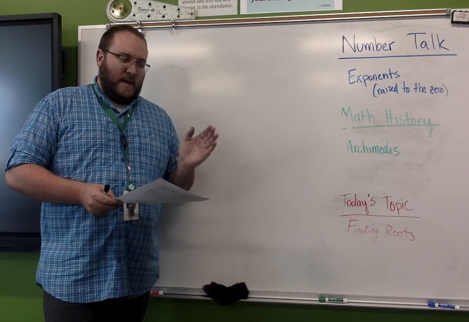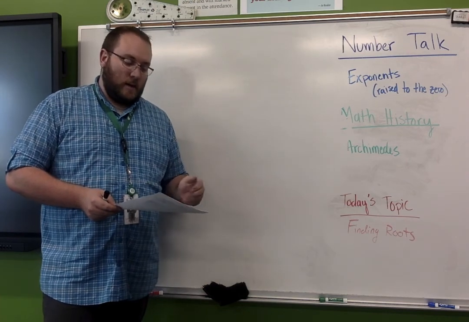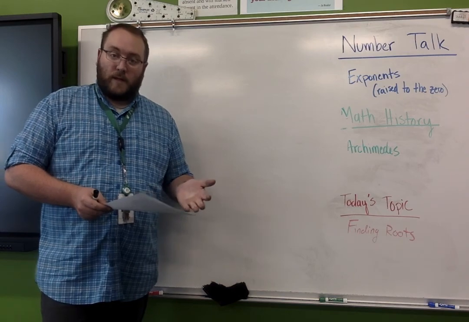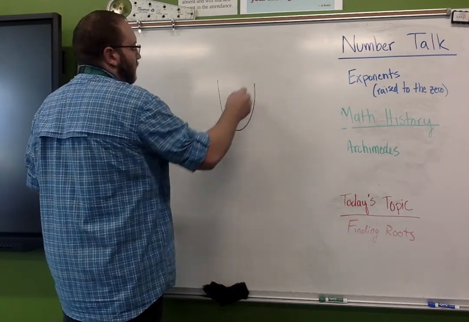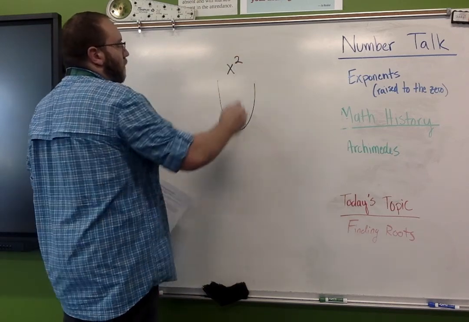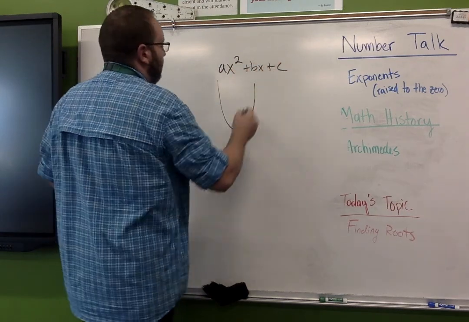Now, in SM1, you went through graphs that were linear, so they made lines. In SM2, you went over graphs called parabolas, so they made kind of the skinny U shape. These were of the form ax squared plus bx plus c.